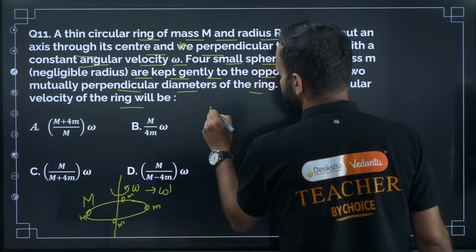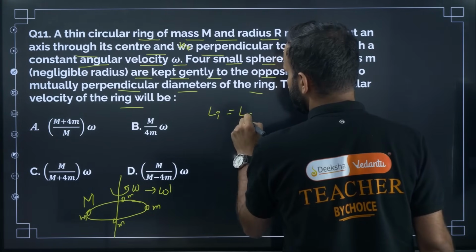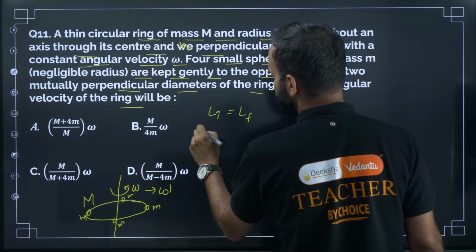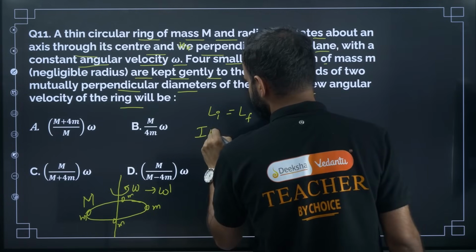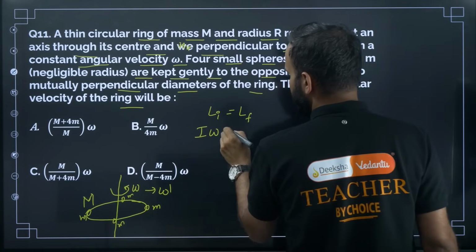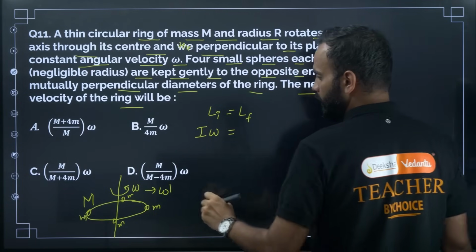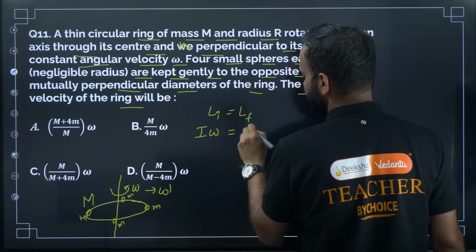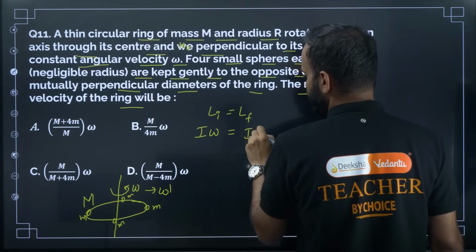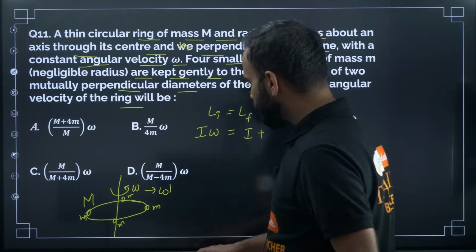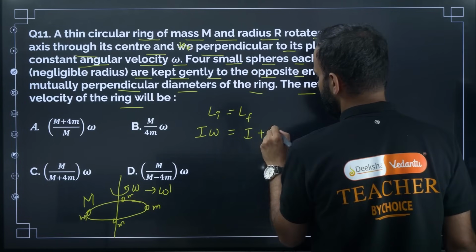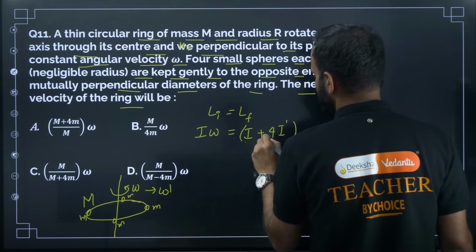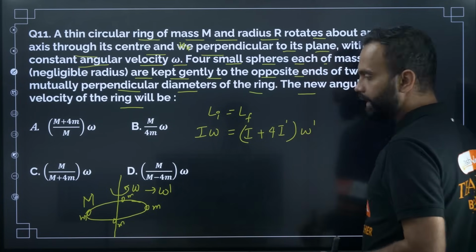What is the initial angular momentum? Initial angular momentum is I into omega, where I is the moment of inertia of the ring about its axis, equal to final angular momentum, which is moment of inertia of the ring I plus moment of inertia of the 4 particles, that is 4 I dash, into omega dash, right?